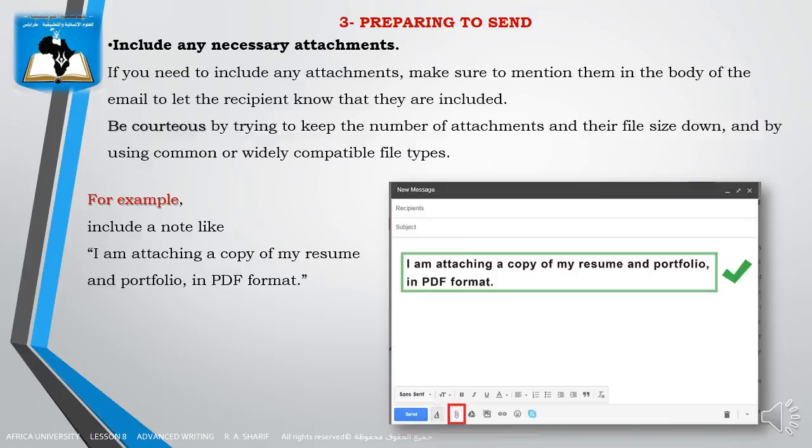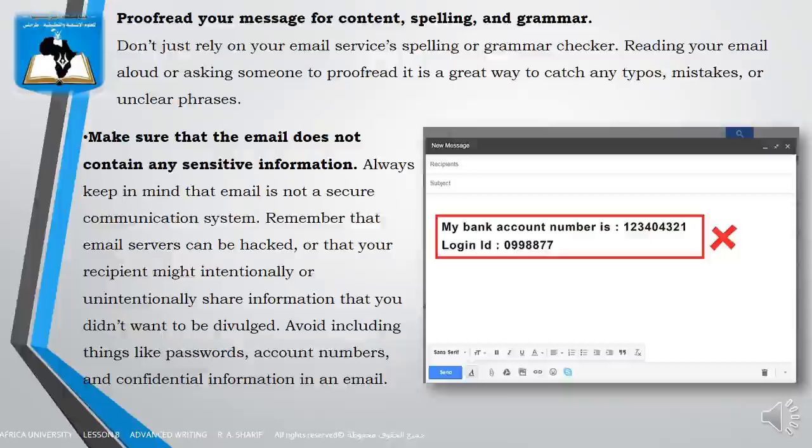Just name the attachment and the format of the file, PDF or Word document, okay? Here we have an example of writing the attachment note: "I am attaching a copy of my resume and portfolio in PDF format." Okay, I wish it's clear.